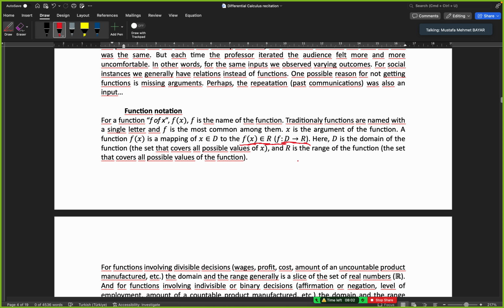And here, the capital D is the set of all possible values of x, the argument. And the capital letter R is all possible values f can output, f can assign. So all the possible values of the function is called the range, and all the possible values of the argument is called the domain.